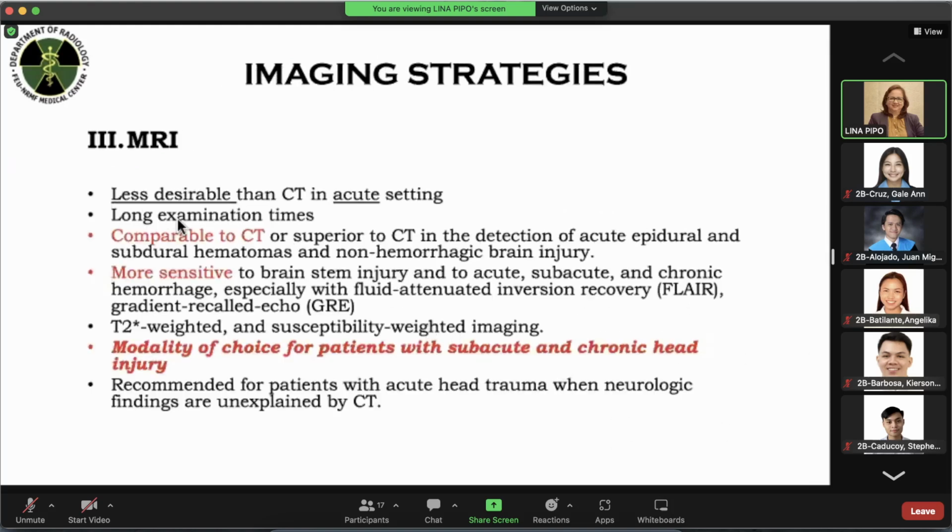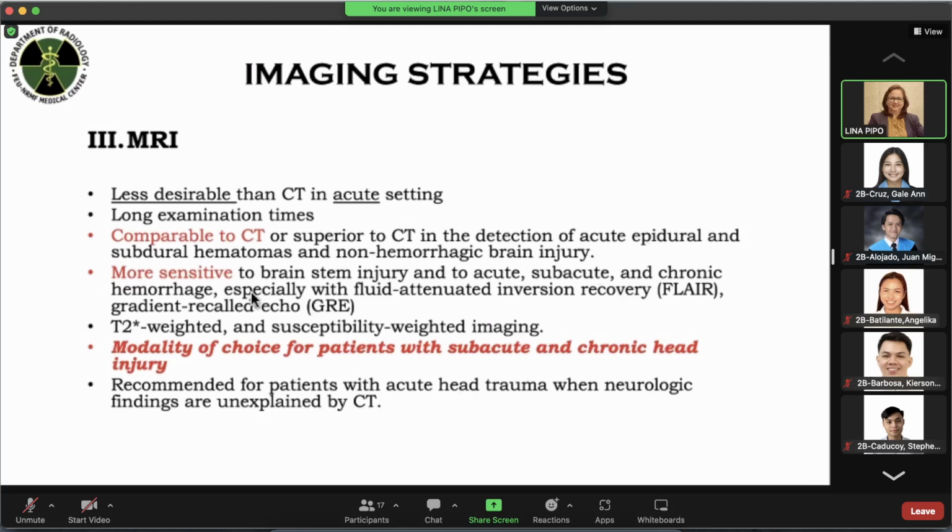And then MRI, this is less desirable than CT in the acute setting. In the acute setting, CT scan. MRI has a long examination time, and is comparable to CT or superior to CT in the detection of acute epidural and subdural hematomas and non-hemorrhagic brain injury.